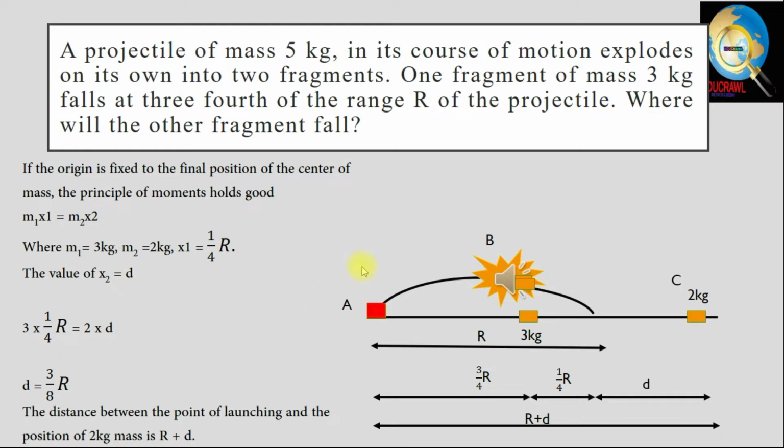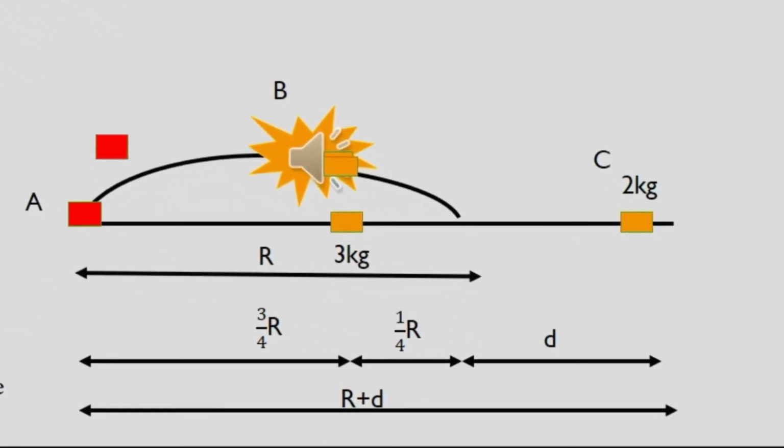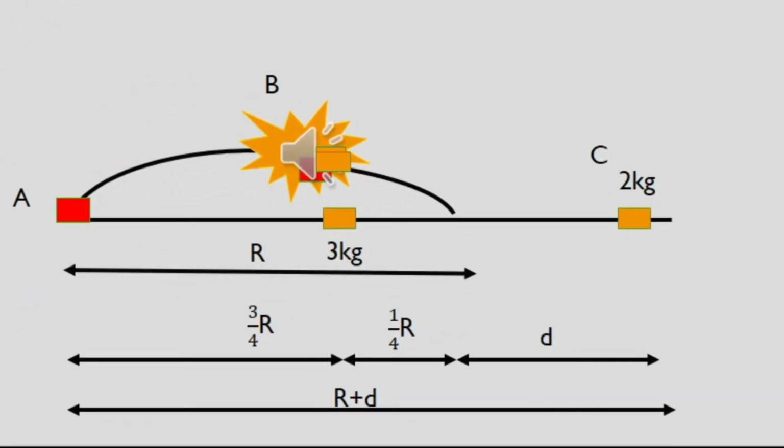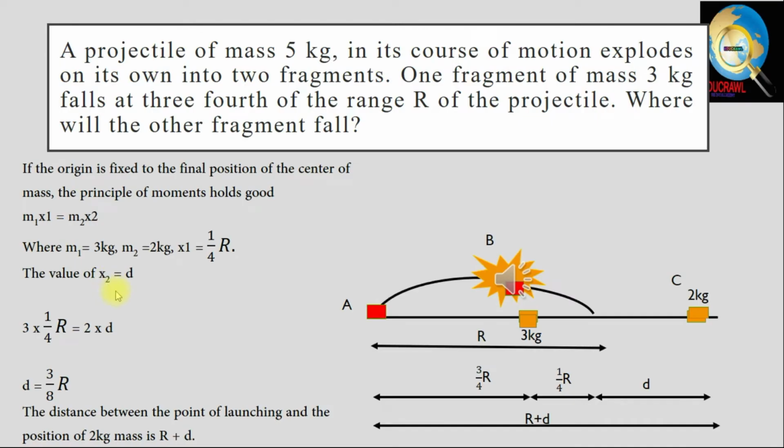That you can see in the animation given below. Here x2 is the distance d which we need to find, that is the distance at which the second object is lying on the floor.